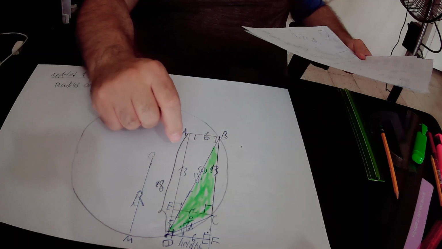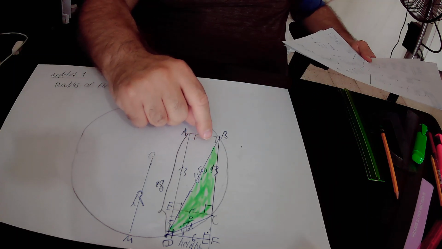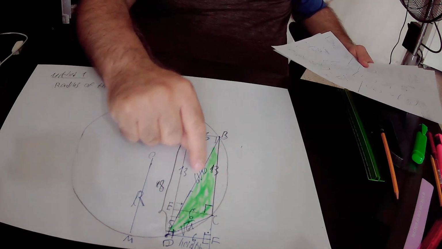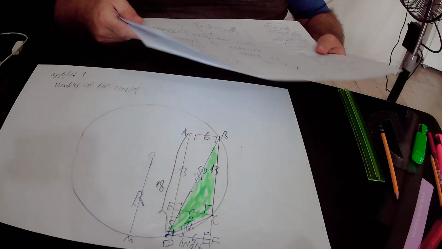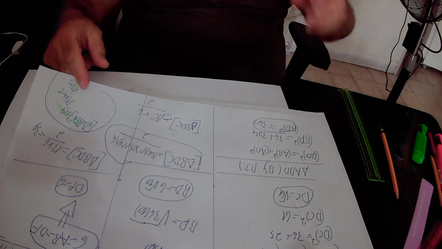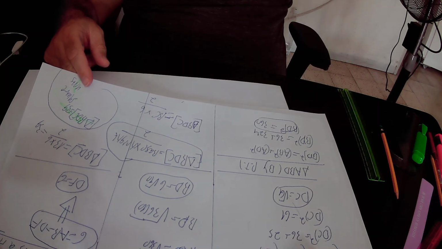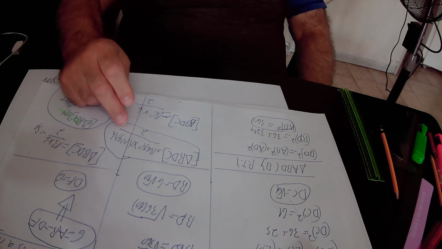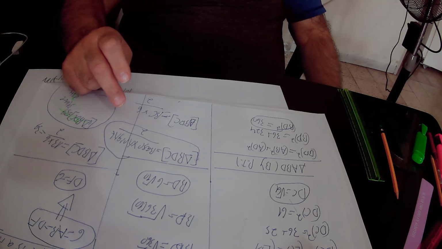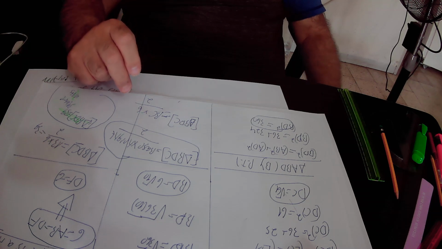Okay, in the next step, we calculated the area of the main triangle BDC. The area of any triangle in space, and also of triangle BDC, is equal to the base of the triangle times the height to the base over 2.